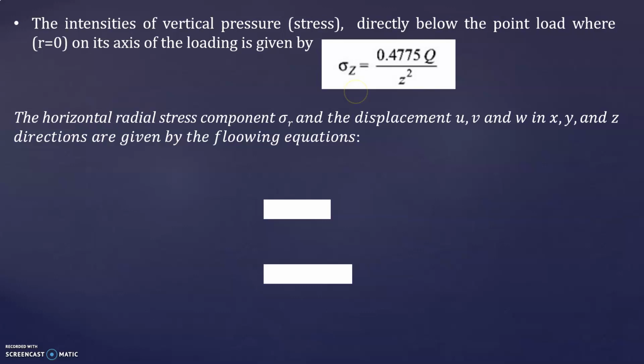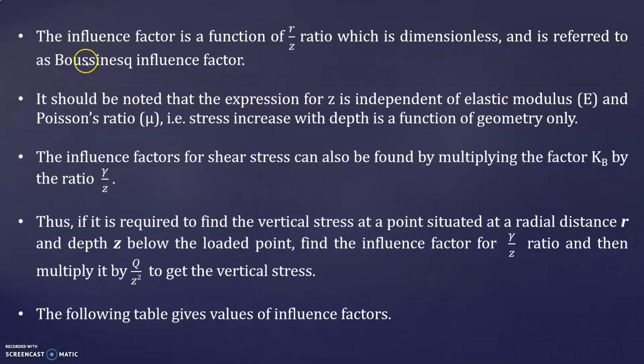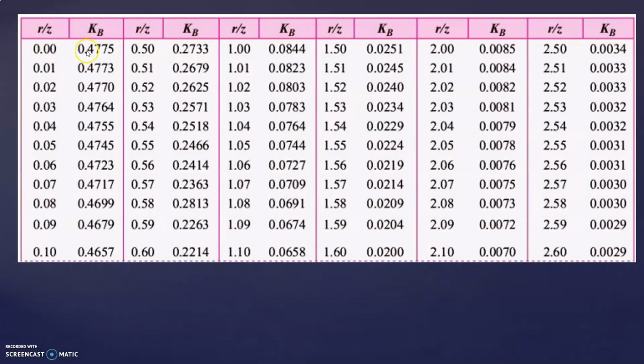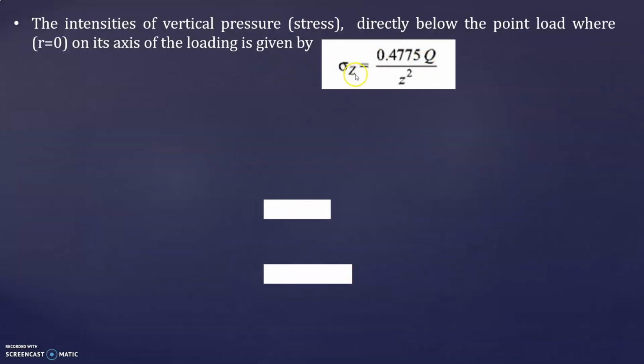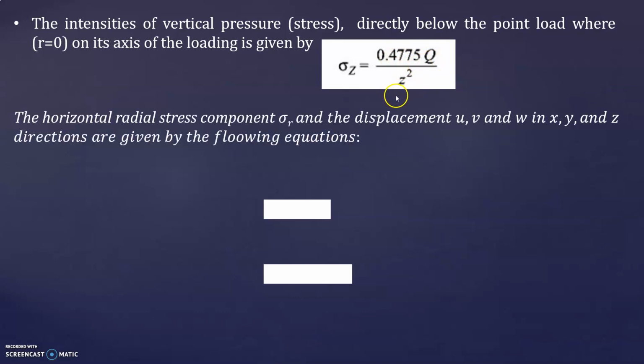So for the ratio 0, sigma Z is equal to Kb into Q divided by Z square. For R equal to 0, we can refer to this table: R divided by Z equal to 0, Kb value is 0.4775. That's why here it is written sigma z is equal to Kb into q divided by z square, with Kb equal to 0.4775.